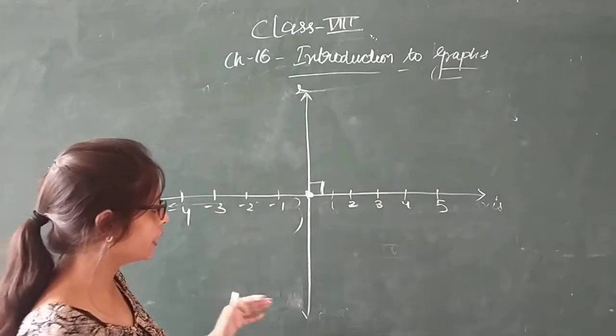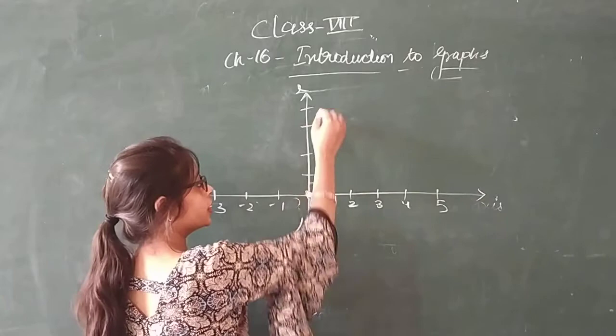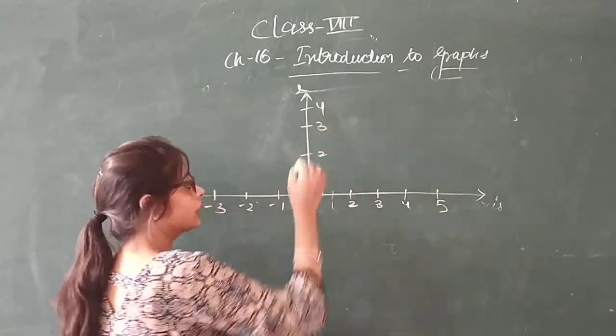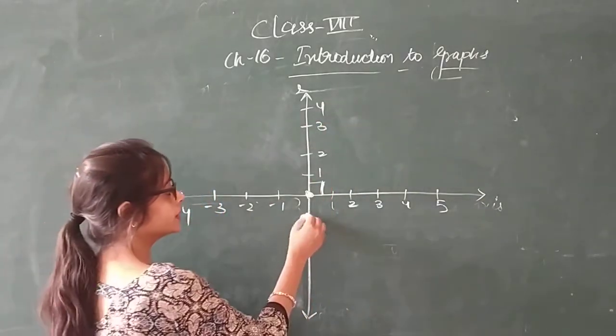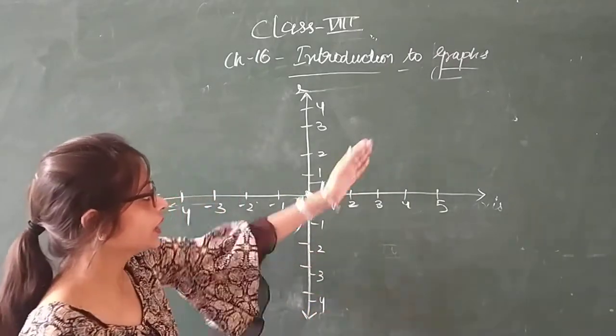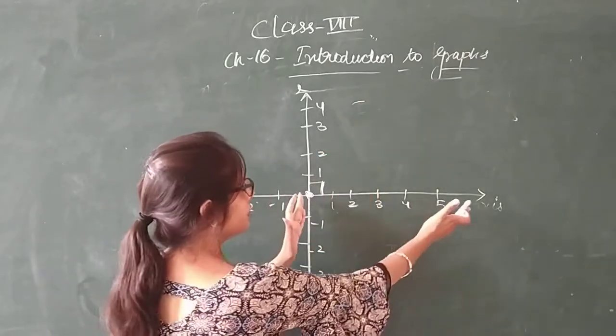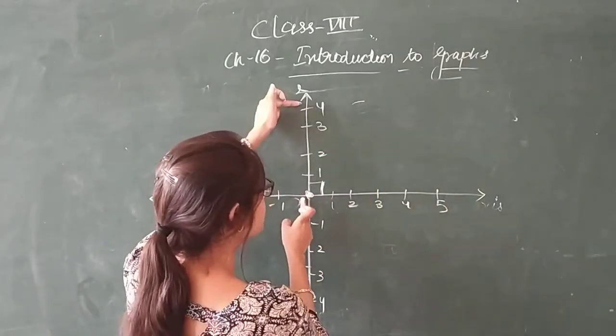Similarly, in the vertical line, the y-axis, on the upper side there are positive numbers, and on the lower side there are negative numbers. So, in the first quadrant, we have this part x and this part y.